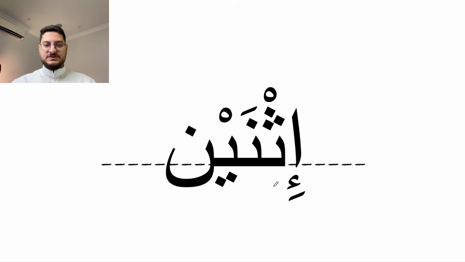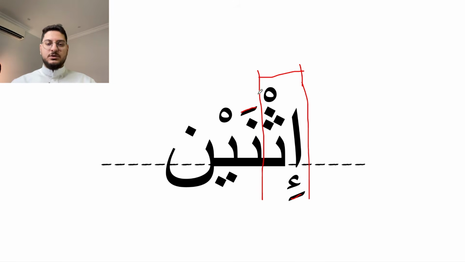What about this one? Okay, now this looks scary, so let's break it down. I see a kasra in here, so a syllable would start right before the kasra. I see a fatha in here, so a syllable would start right before the fatha. And now this should be easier to read. Let's look at the first syllable on its own. This is e, and this is the tha with no vowels, so it's just ith.